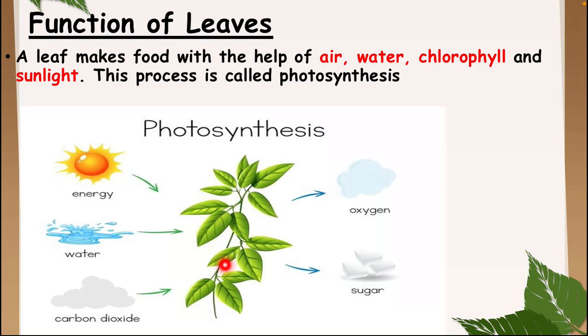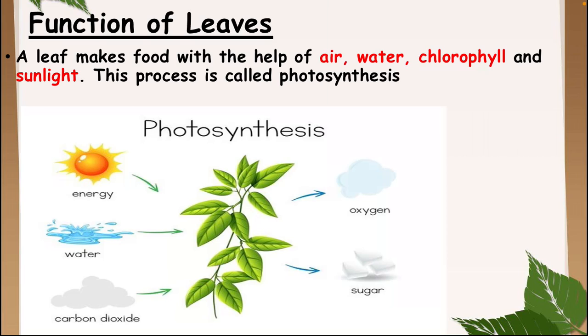And water, as any gardener knows, the plant takes in from the ground through its roots. And the other is carbon dioxide. This gas is abundantly available in the atmosphere around plants. As human beings, we inhale oxygen and exhale carbon dioxide.